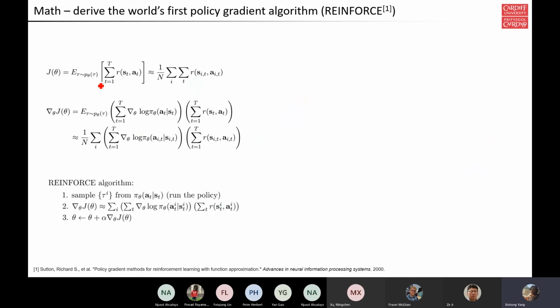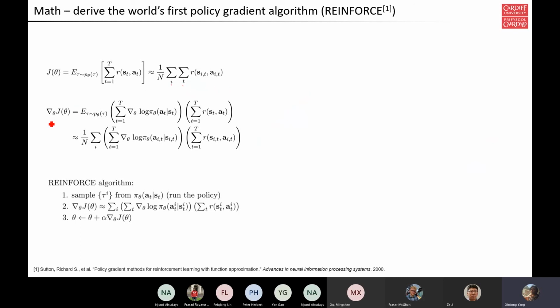Okay, so I write it as an estimate with samples. So it's an approximation. We approximate this quantity with samples, right? We can approximate the objective with samples of rewards. I is the index of sample. T is the index of time step within each trajectory.